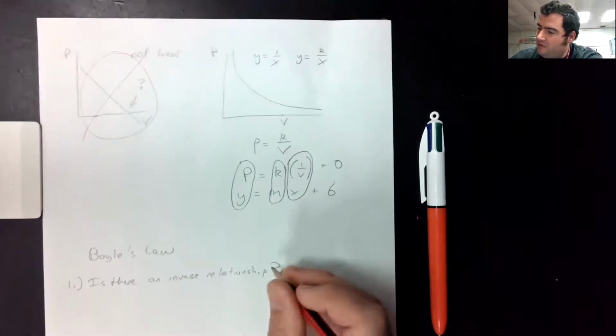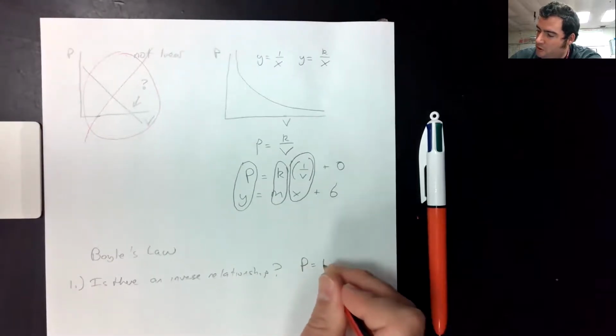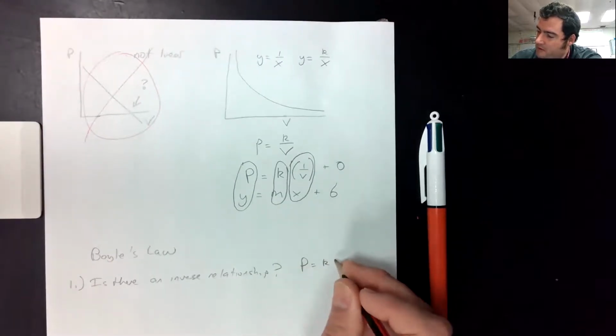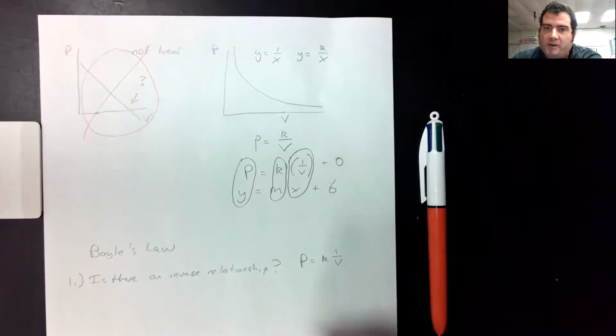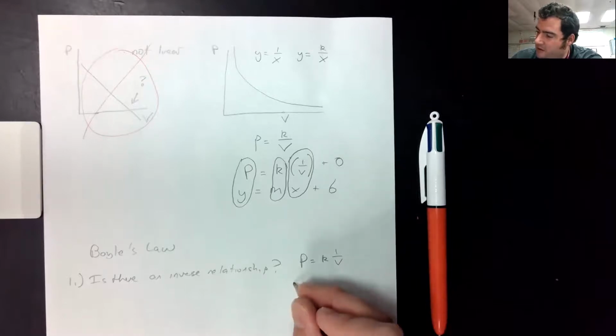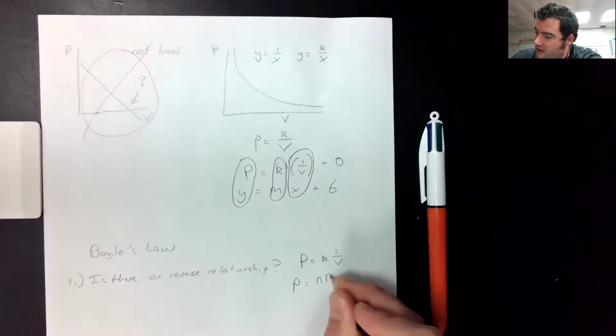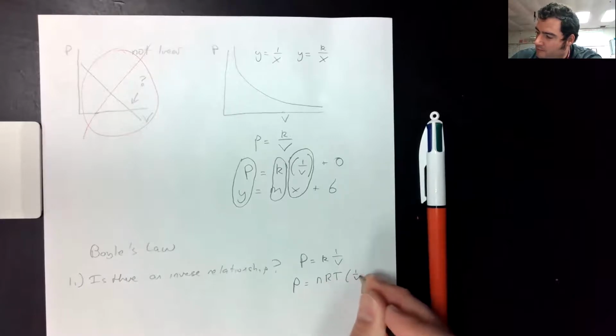So in other words, is pressure proportional to some number times 1 over volume? And what we now know from the discussion we just had is that pressure is equal to nRT times 1 over volume.